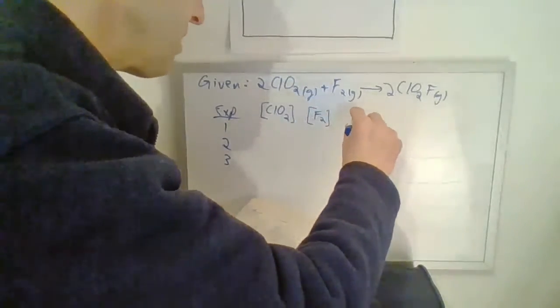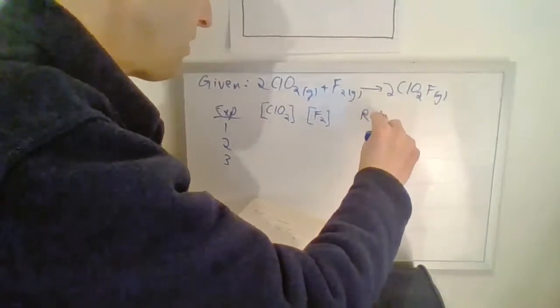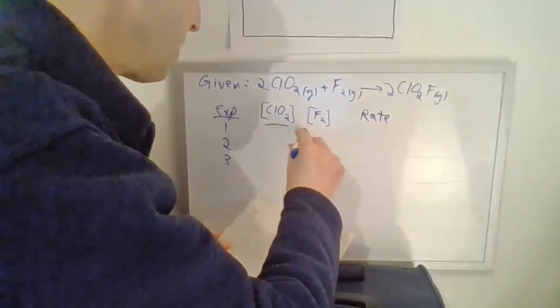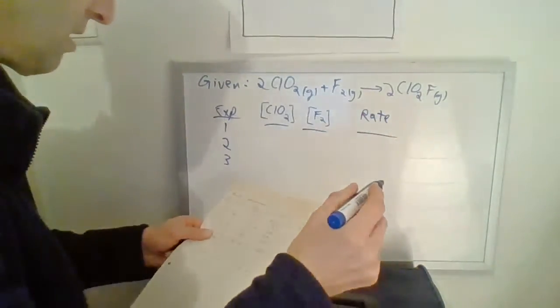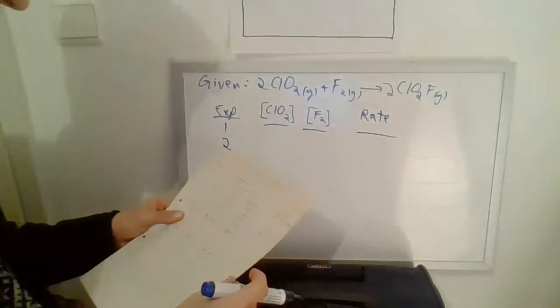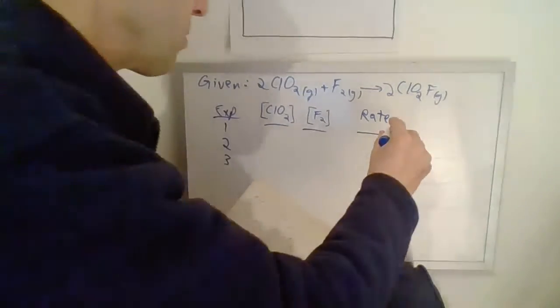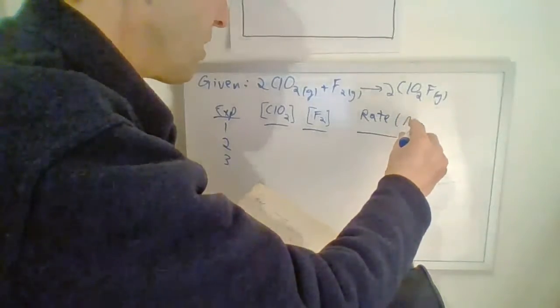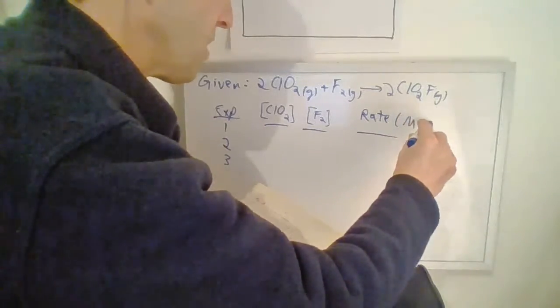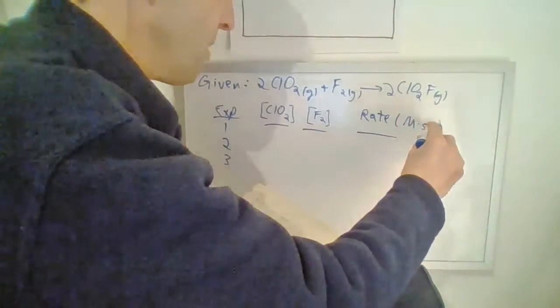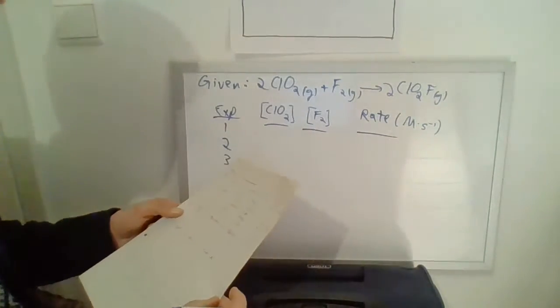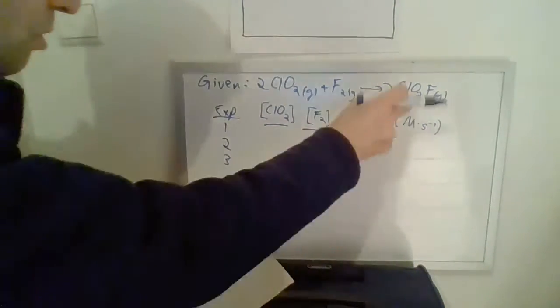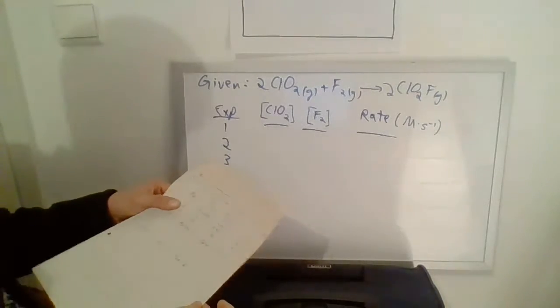And then the rate. And the rate is in moles per liter times seconds to the -1. So moles per liter seconds. Okay, sorry I moved that too far up, but anyway, you get it.